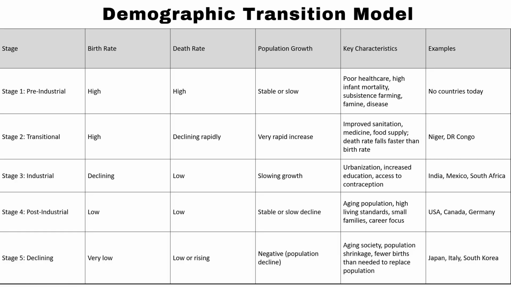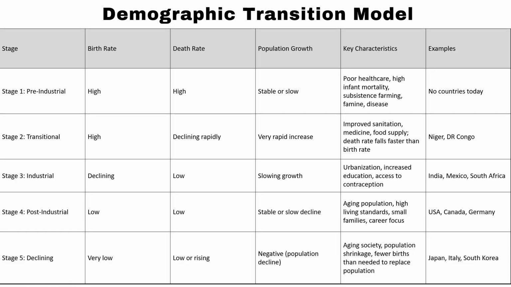Stage three, industrial. Birth rates begin to fall, mainly due to access to better education, contraception, and urban life. Growth starts to slow down. Stage four, post industrial. We have low births and low deaths. This results in a stable population or even a slow decline.